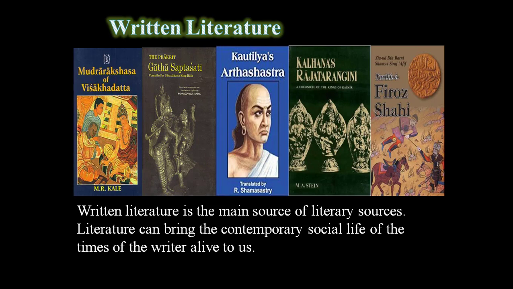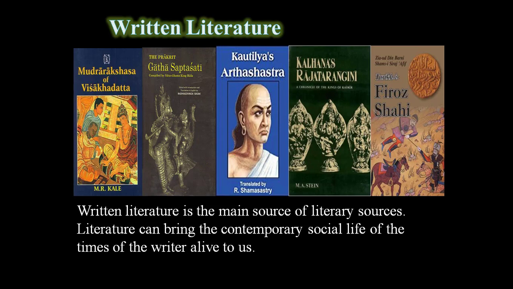Then what is the meaning of written literature? Written literature is the main source of literary sources. Literature can bring the contemporary social life of the times of the writer alive to us. As it is contemporary, it means the era or a particular period, during the kingship, when they led their life.